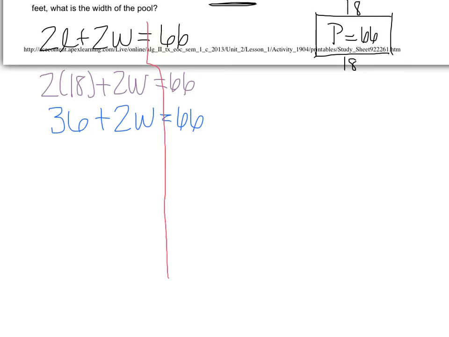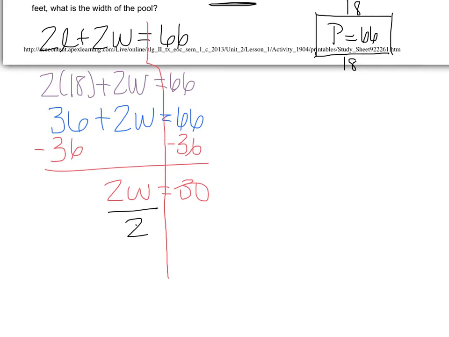And this line just helps me see that I have a left side and a right side, because the rule in math says whatever you do to one side, you have to do to the other. So I'm going to subtract 36 from both sides. And I end up with 2w equals 30. And then for my final step, to get w completely alone, I'm going to divide both sides by 2. So I get that my width for the pool would be 15.